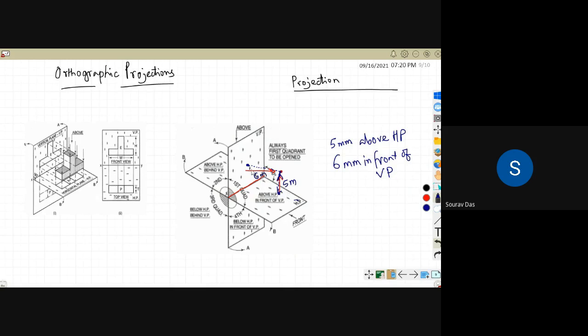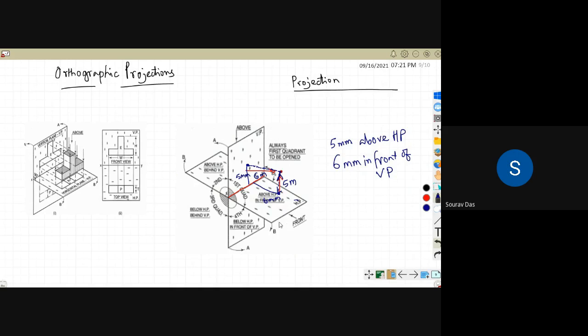This is the horizontal plane. When we draw the projections, from the front view we can see this is 5 mm, and in the top view we'll see this 6 mm distance.